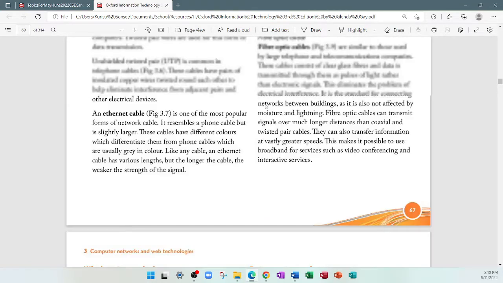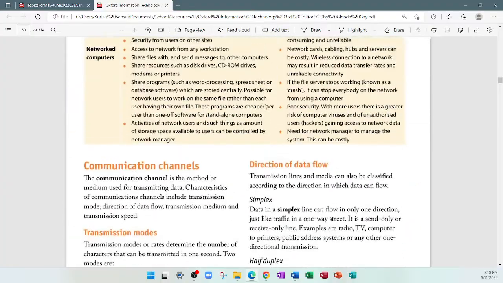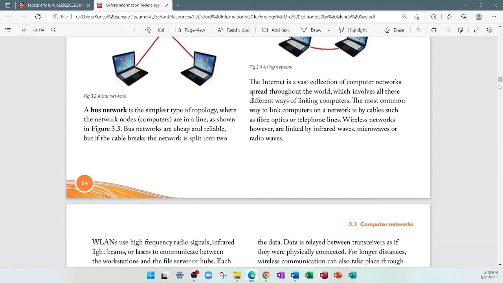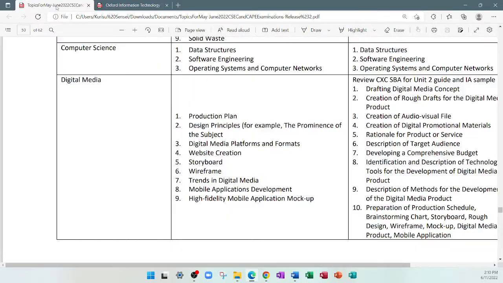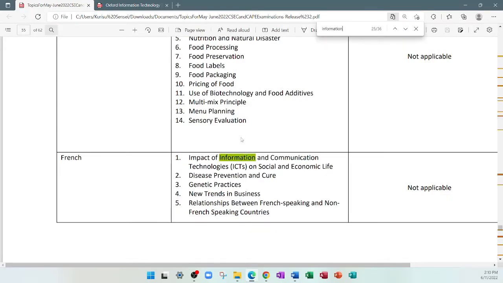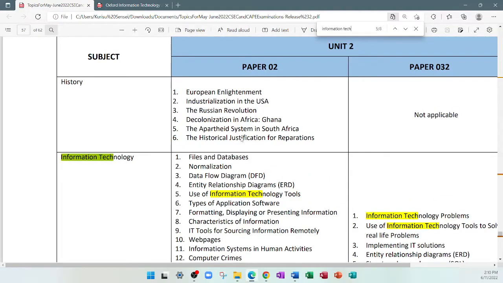So, that's going to be, yes, we stopped here on page 64. Great. So, what are our topics for, no, that's digital media. Information technology.